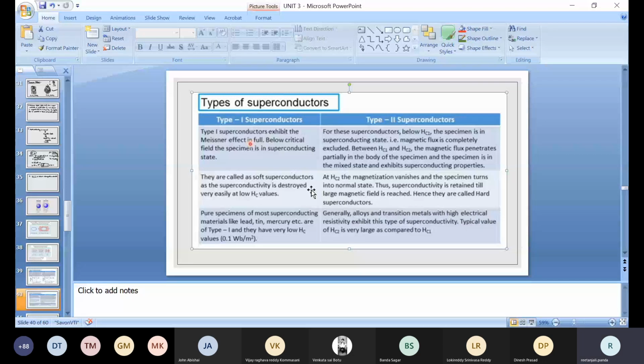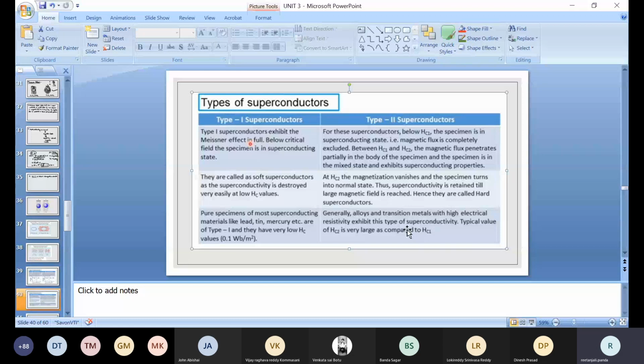In this one, we can see the type 1 superconductor examples are lead, tin, mercury. But type 2 superconductors are mostly alloys, which we get by mixing different superconducting materials.